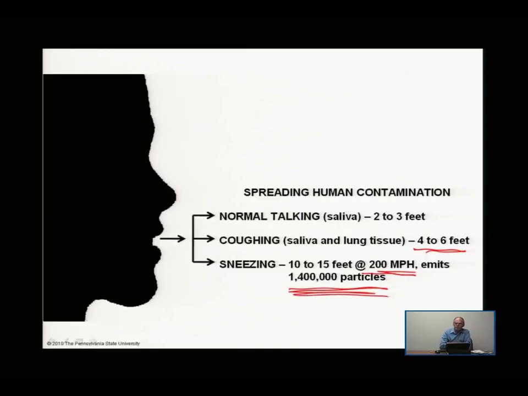So obviously someone sneezing in a class 10 clean room just can't have anything like that. All of these things have to be controlled, have to be removed from the environment in which you're trying to do nanoprocessing, if you're trying to get yield, if you're trying to get device product performance.